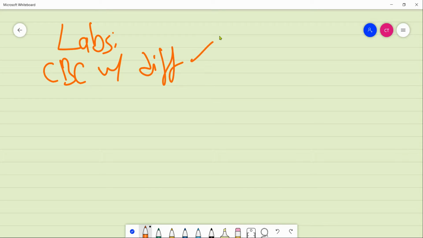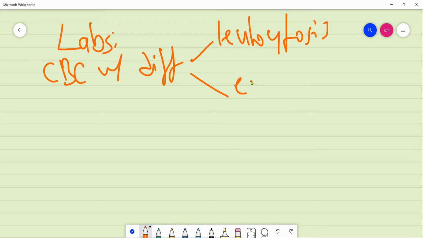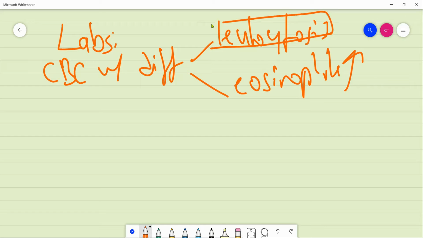First one is we are looking for any kind of leukocytosis or increased eosinophils. So we are looking for leukocytosis if the patient is having a bacterial or viral COPD exacerbation.